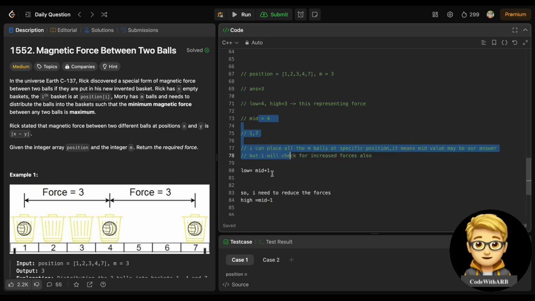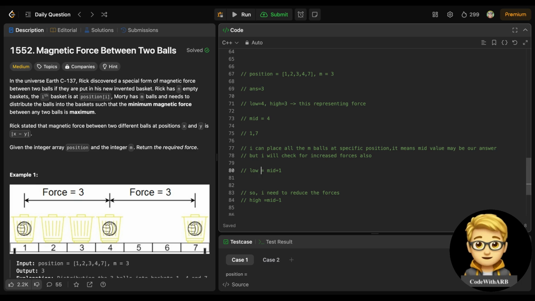So basically, when we change this low and high, if I can place all the m balls or greater than m balls at some specific force, it means I need to check for greater values. It means I have reduced the search space from the start to that force value, because I have already satisfied till that.